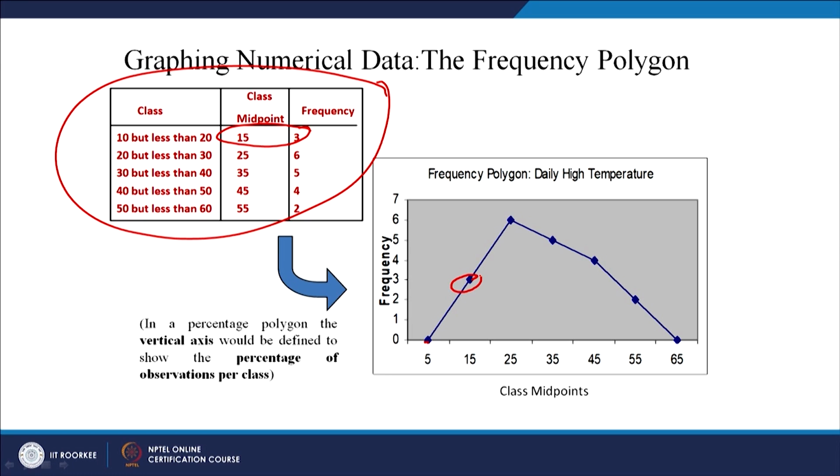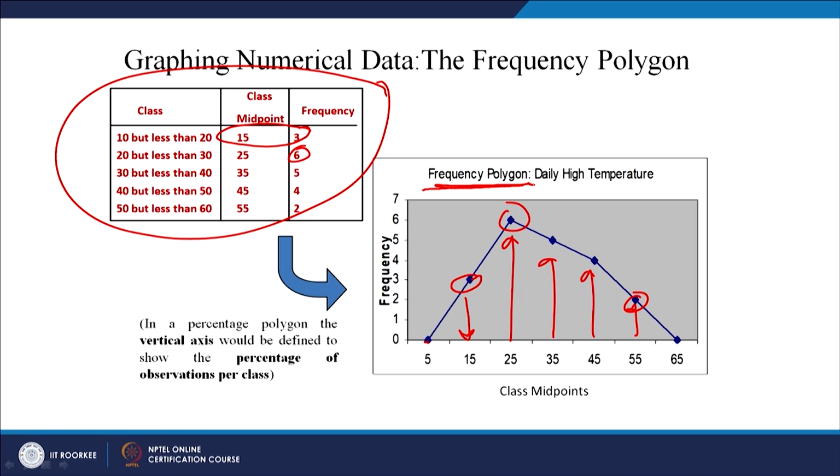So, this is 3 at 15, then next is 6 at 25, then 5, then 4, and then 2, right. Okay. So, this is how you can draw a frequency polygon, this is called a frequency polygon.